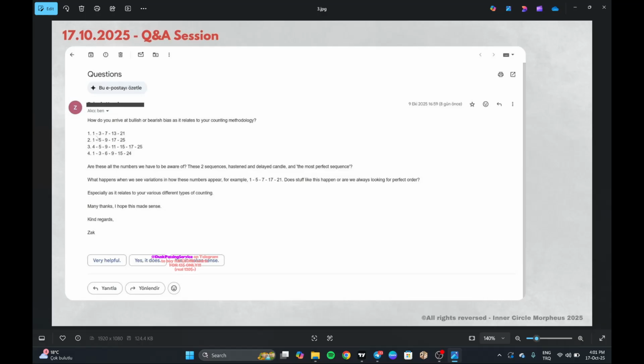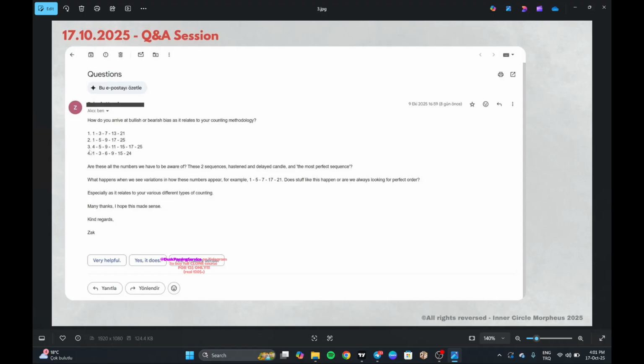The first one is n power 2 minus n minus 1 sequence, which is 1, 3, 7, 13, 21 and so on. And the next one is 1, 5, 9, 17 and 25.